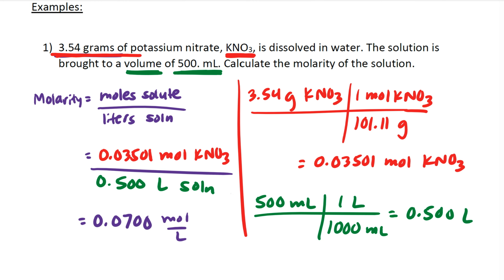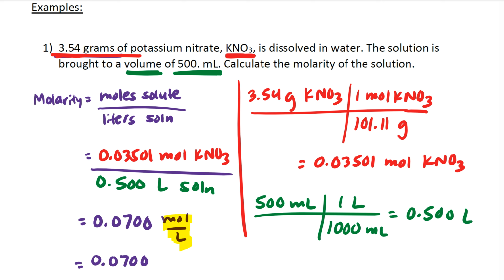More commonly, instead of writing moles divided by liters, chemists typically take this entire moles over liters and write it as a capital M instead. So you can either leave it as mole over liter, or you can replace that part with this capital M, and we're all saying the same thing. That capital M just really means moles over liters.